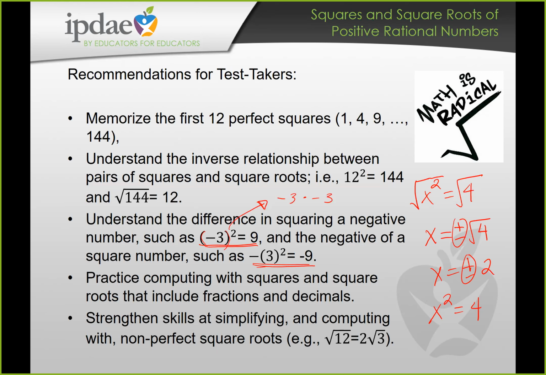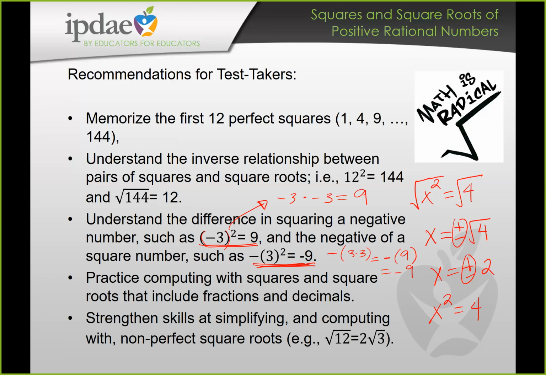But looking at this second example, this is not the same as the previous example, just because in this case the negative is not being included with the operation of squaring. So you will keep the negative sign right here, and then you do your squaring. So this top portion will come out to a positive 9, whereas this one will come out to a negative 9.